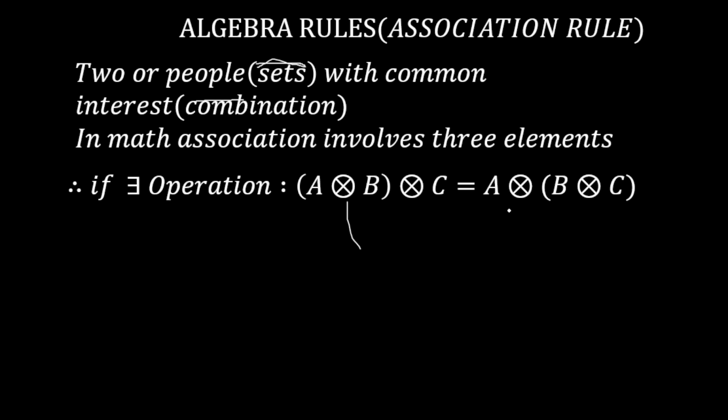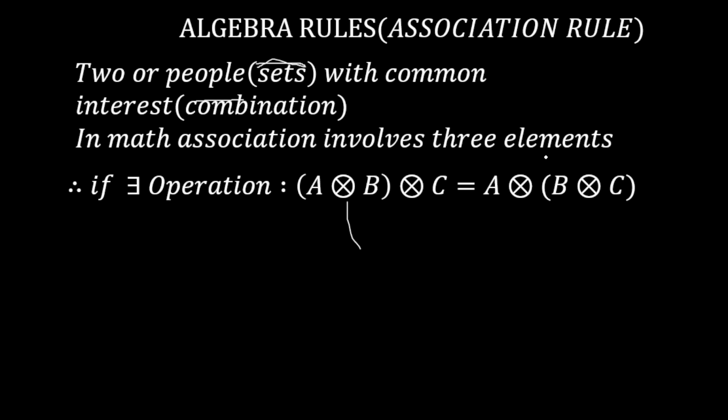But basically, when it comes to binary operation, there are some set of signs that we are using. One of those common signs is this one that you are seeing here. It's one of the most common signs. Now, in math, association involves 3 elements.